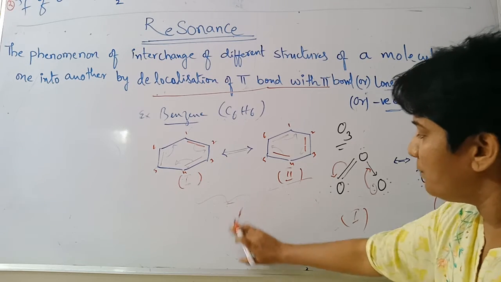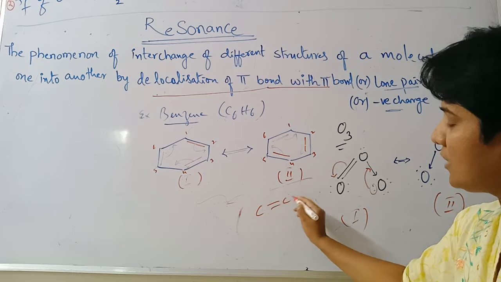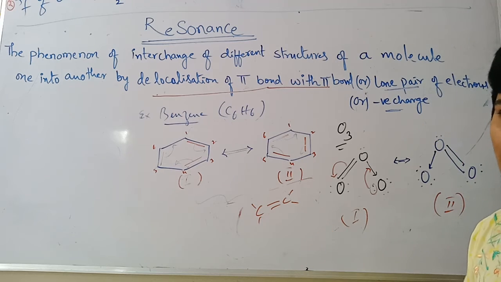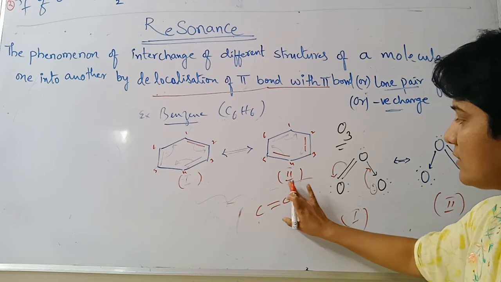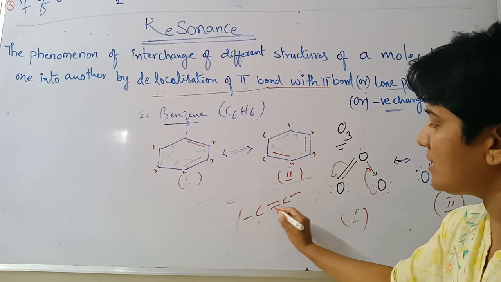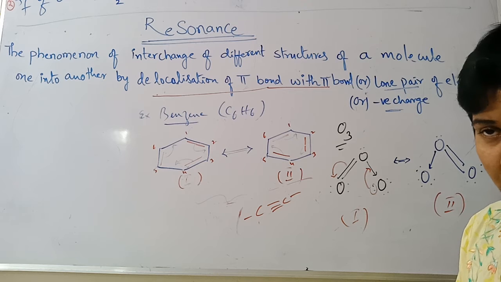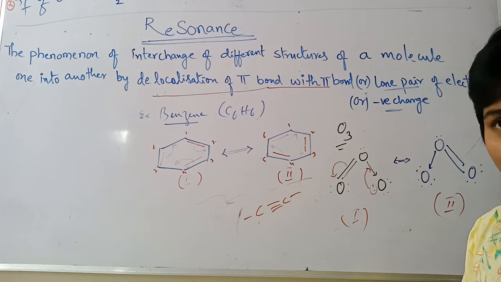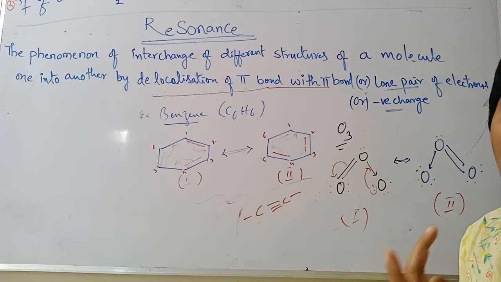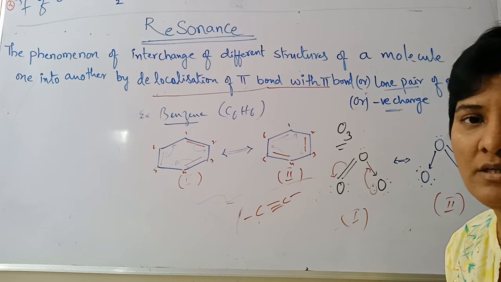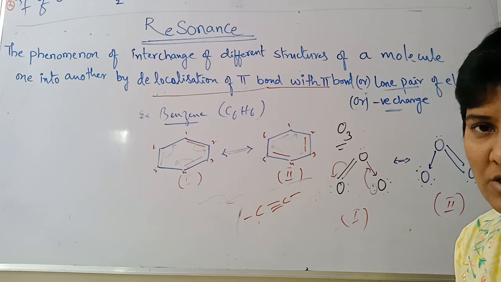If I show two lines between the two carbons, it is a double bond, or we can write a triple bond. Between the carbons we can show triple bond, double bond and single bond. So the maximum between any two atoms is a triple bond only, 3 bonds only.